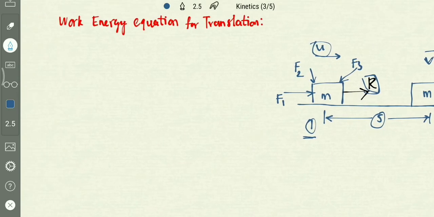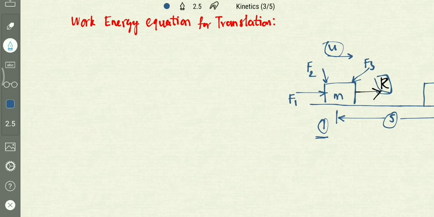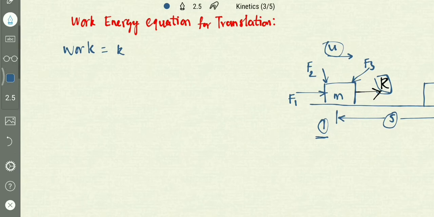So for this, the work-energy equation can be written as: the work done is R, the force, into the distance traveled. What is the energy to do this work?